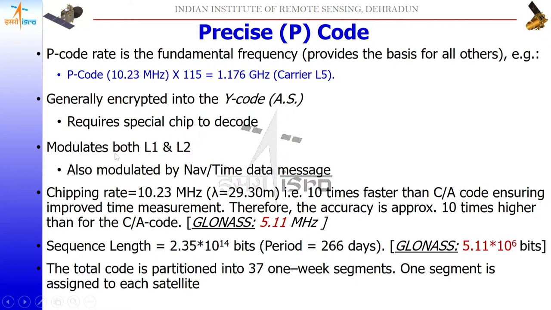It is modulated on both L1 and L2, and also modulated by the navigation and time data message. The chipping rate, as I told you, is 10.23 megahertz, approximately 29.30 m, meaning 10 times faster than the coarse acquisition code, ensuring improvement in time measurement.